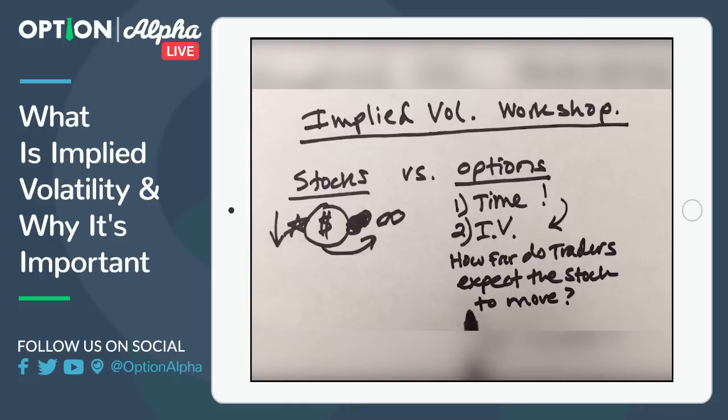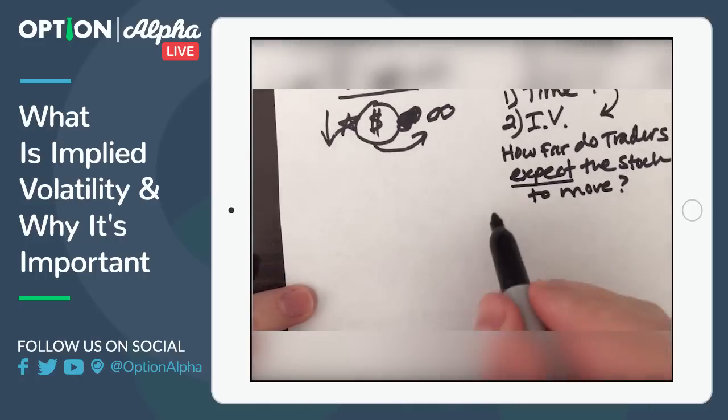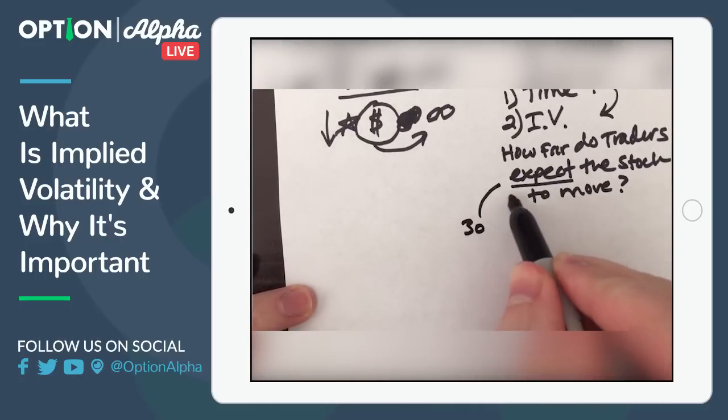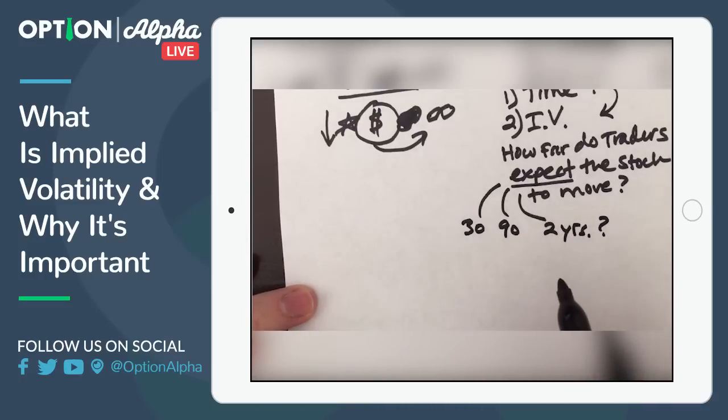Now, the key here is that this expectation is for the future. So how far do traders expect the stock to move in, let's say, the next 30 days, or the next 90 days, or the next 2 years? What is that expectation? How do we determine that? That's what implied volatility does.